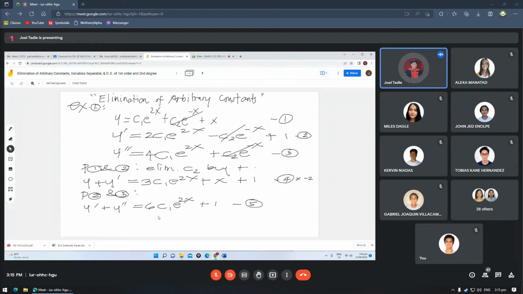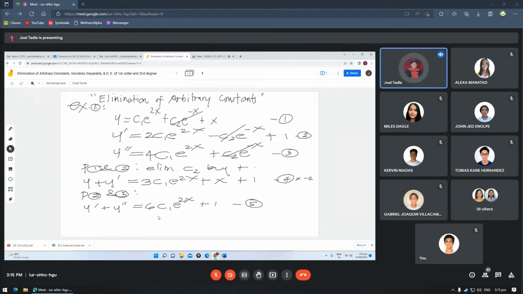So, imong i-set up daan, no? Uy, akong gamiton nga multiplier is negative 2 para ma-negative 6 ni siya dinhi, nga ma-cancel out din nato. I-add. So, gi-set up na ni nato daan, no?